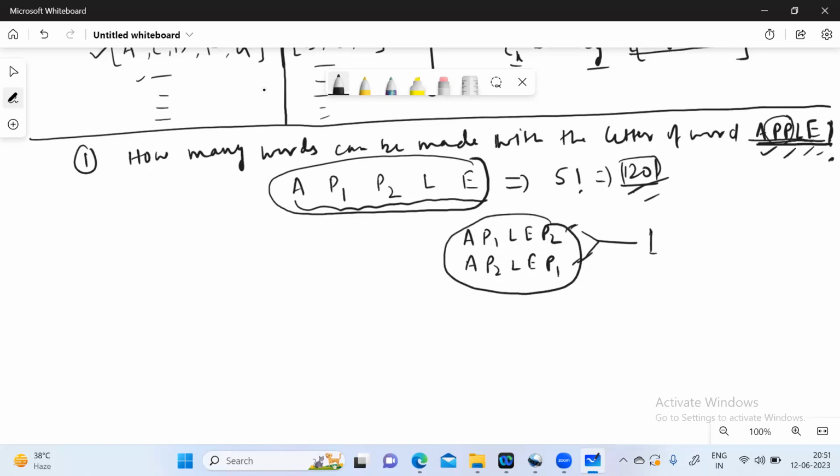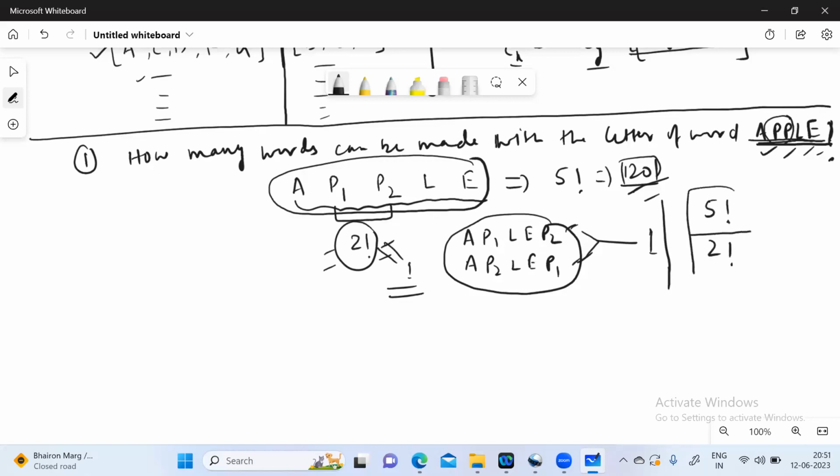That means the way the P can be arranged, like there are two P here, can be arranged among themselves in 2 factorial ways. So every 2 factorial words is one word only. So in order to calculate the total number of words that can be written, it is 5 factorial divided by 2 factorial.